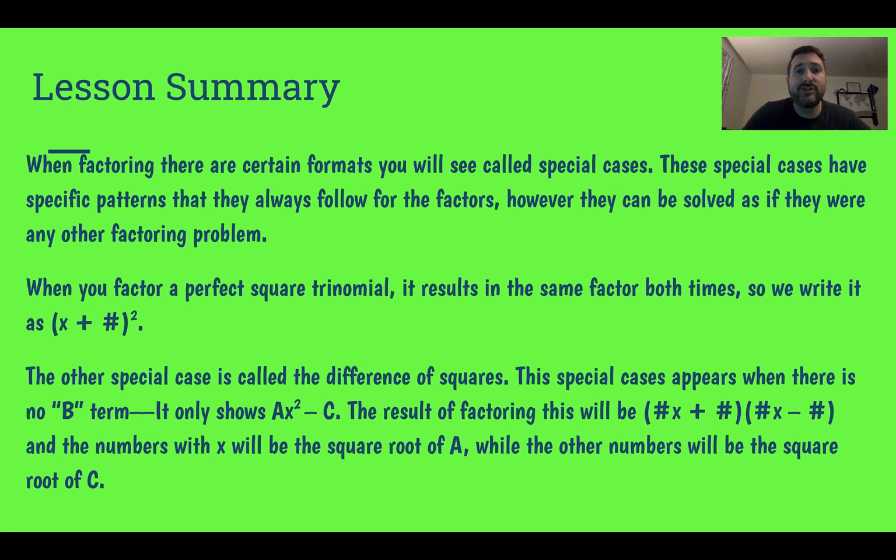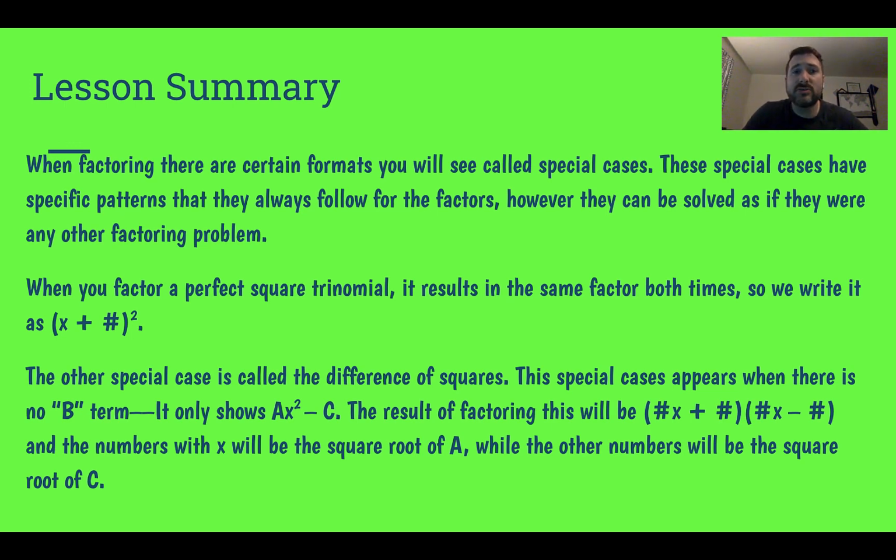So if you can learn to recognize these special cases and know what patterns to use, these can become pretty quick to solve. When you're factoring a perfect square trinomial, which was our first special case, it results in the same factor both times. So we would write it as x plus the number or x minus the number to the second power, instead of writing out the binomial twice.